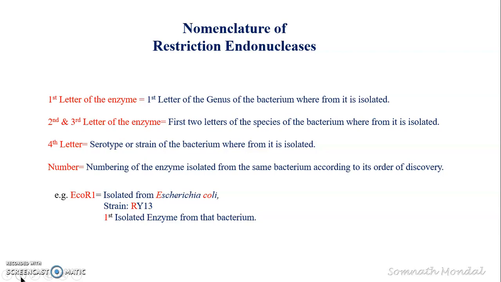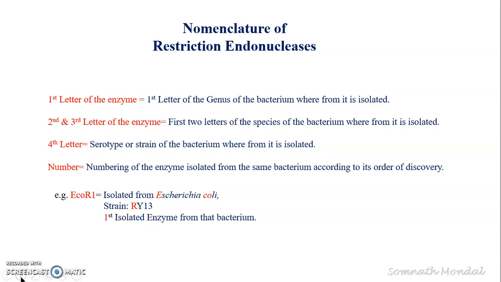The fourth letter is the serotype or strain of the bacterium from which it is isolated. The numbering is done as per the order of discovery of such enzymes from the same host. If it is the first such enzyme discovered, it will be 1. If second, it will be 2. For example, EcoRI, it is isolated from Escherichia coli, and thus the name suggests Eco.